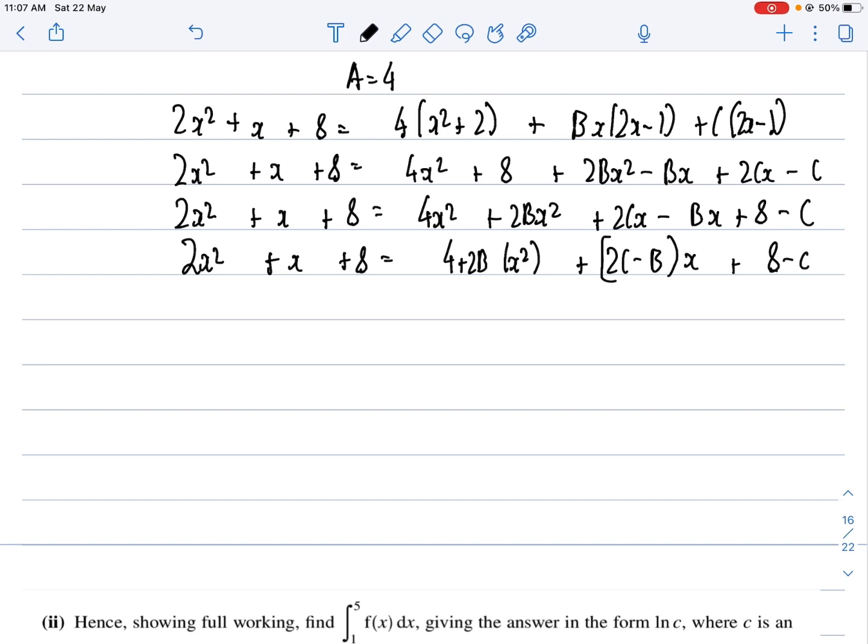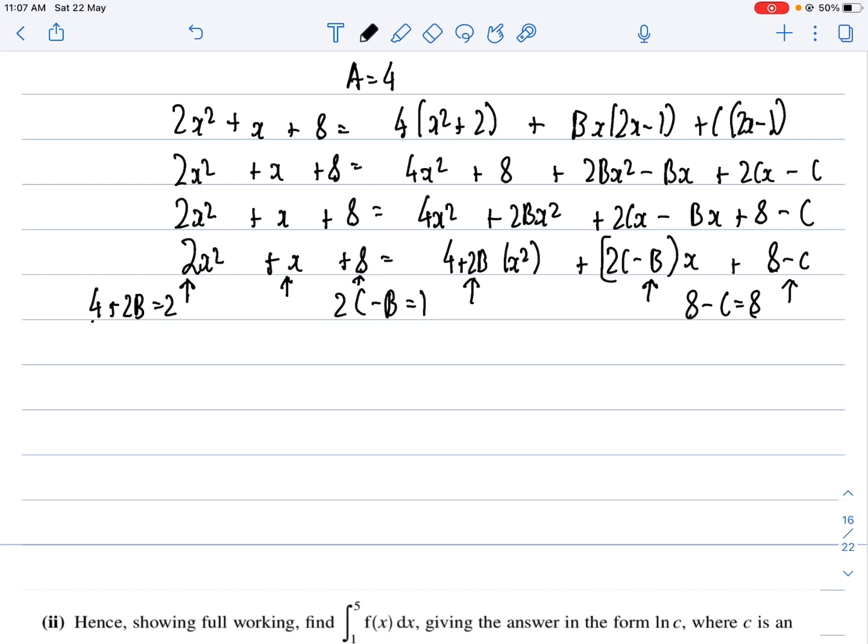Now I can simply compare the coefficient of x square on both sides, which is 4 plus 2b equals 2. Then the coefficient of x, which is 2c minus b equals 1. And the constant, which is 8 minus c equals 8.